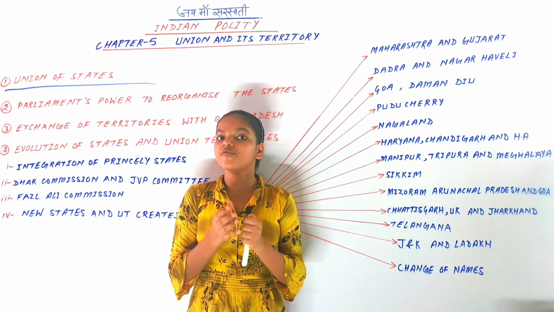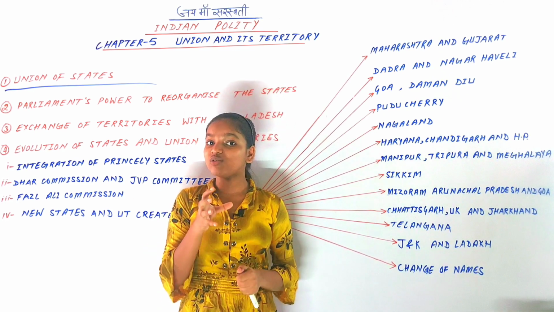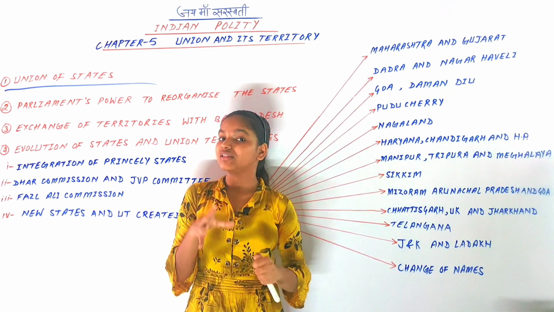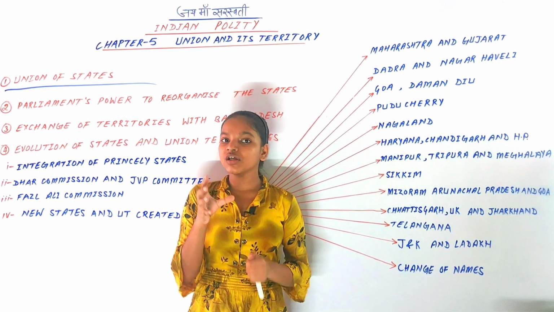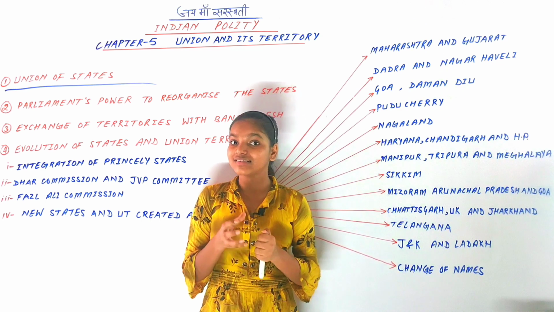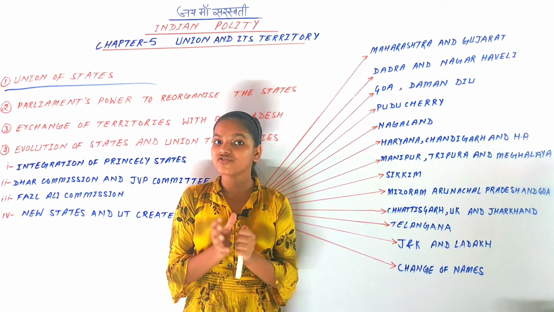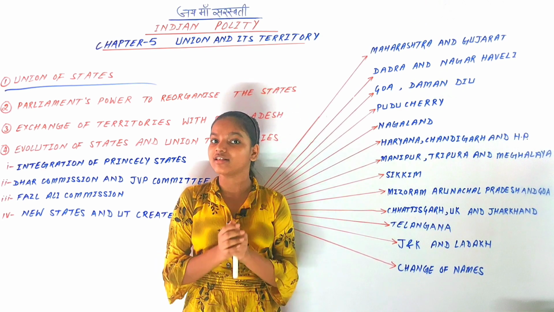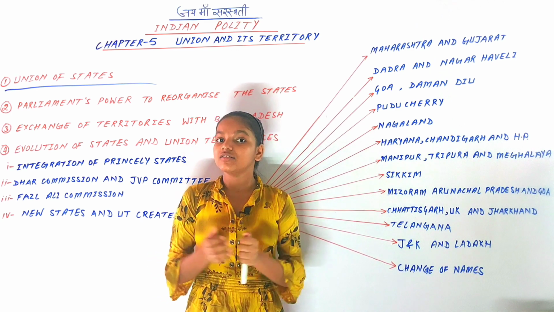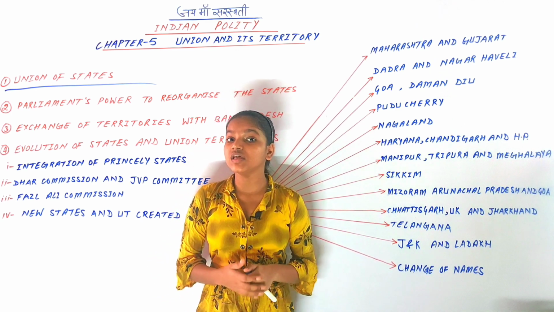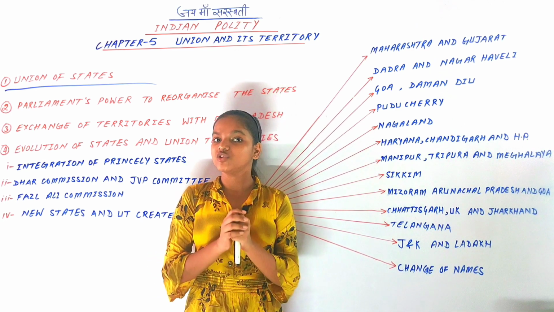And second, the type of polity of our country, that is, a union of states rather than a federation of states. Dr. B.R. Ambedkar said that India has a federal structure but it is unitary as well. That is what is meant by Union of States. This implies two things.